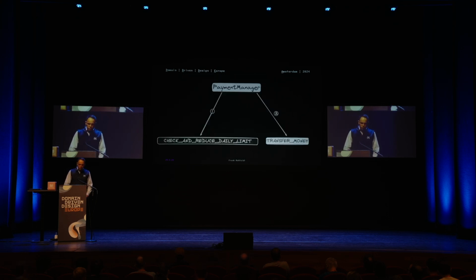You could try to leverage the fact that one team, so let's just call it bounded context or aggregate or whatever, can have consistency guarantees, transactional guarantees in their component. So you might have a check and reduce daily limit function that is transactional, meaning that the ACID properties are valid for this code.